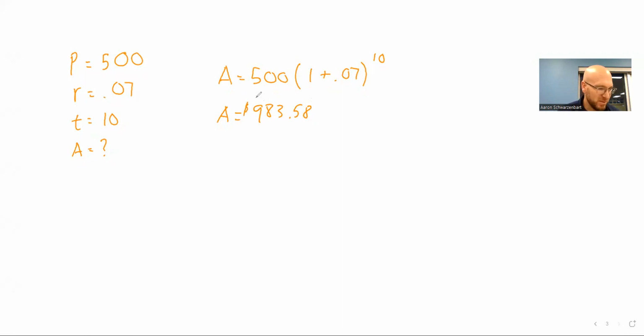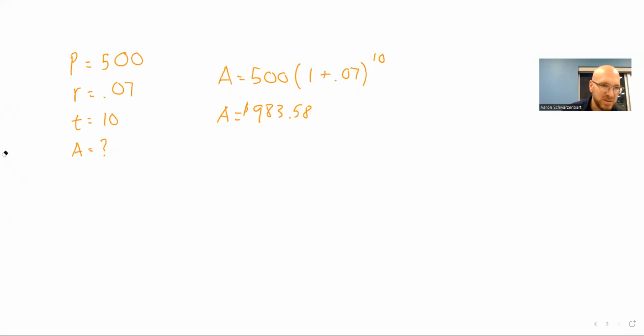So now let's do almost the same thing, example 2, compounded monthly for 5 years. We'll do it in a different color.